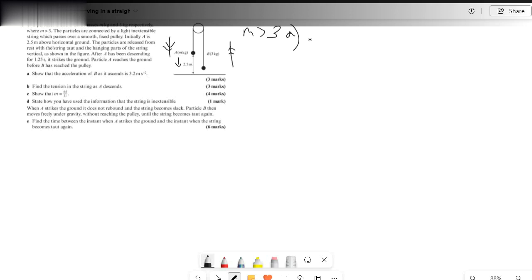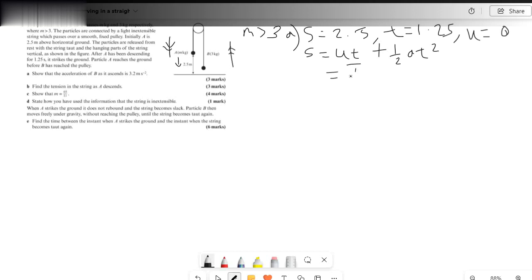So for part A, we know that the distance traveled is 2.5 and the time taken is 1.25 seconds, and the initial velocity of both was 0. So we can use the equation s is equal to ut plus half a t squared, and this will be 0 because initial velocity is 0, plus half into a multiplied by t squared, which is 1.25 squared, and s is 2.5.